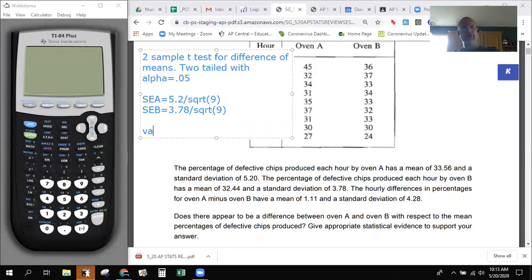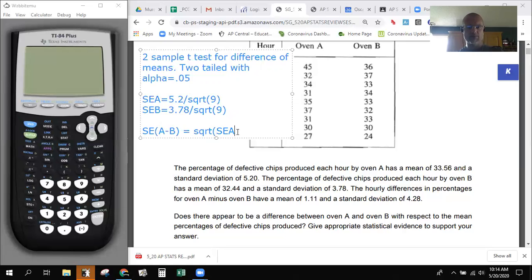And then the SE of A minus B is going to be equal to the square root of SEA squared plus SEB squared, because we're looking at a combined distribution here of the X bar A's and the X bar B's.